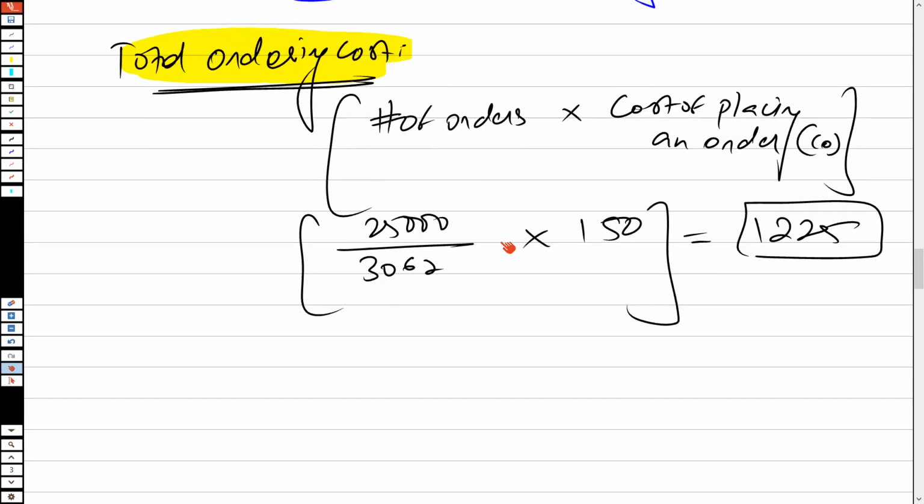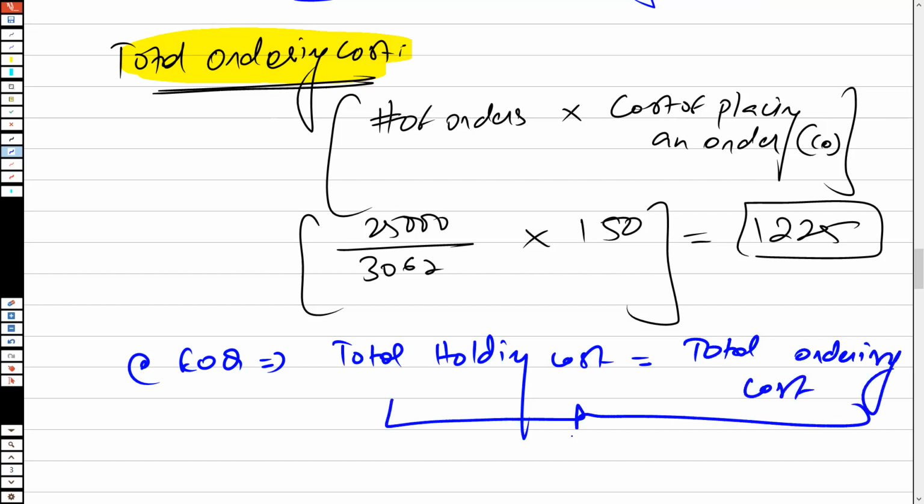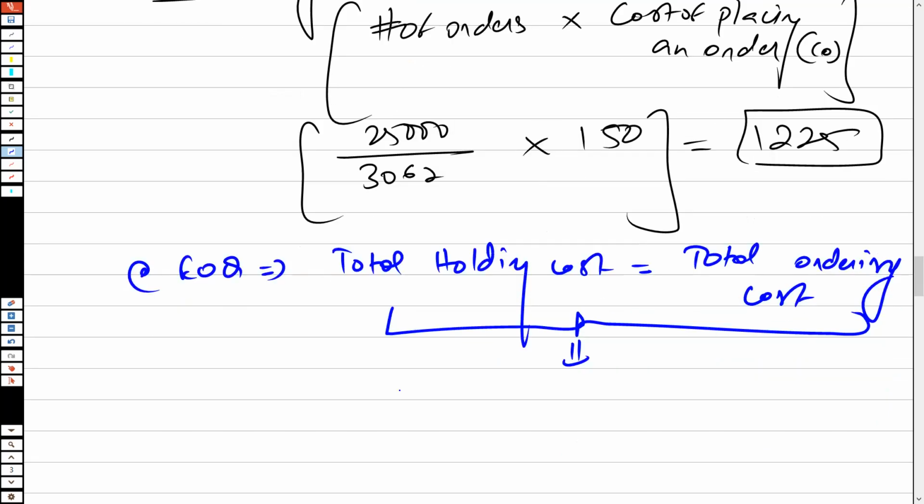Always remember that at the EOQ level, if your order size is the economic order quantity, the total holding cost equals the total ordering cost if there is no buffer stock.